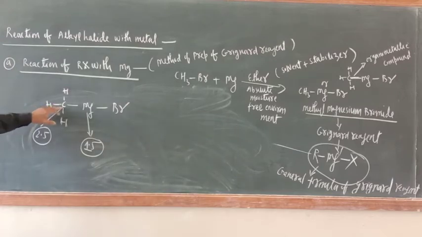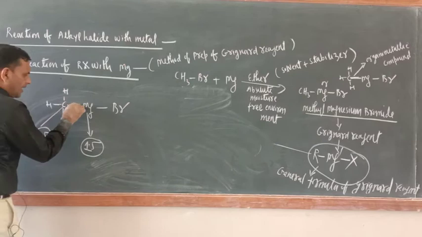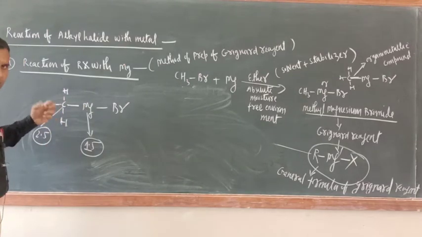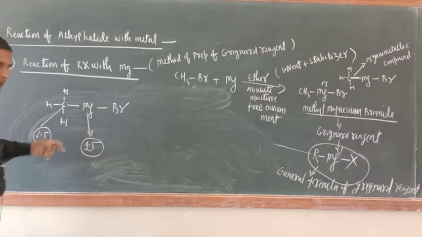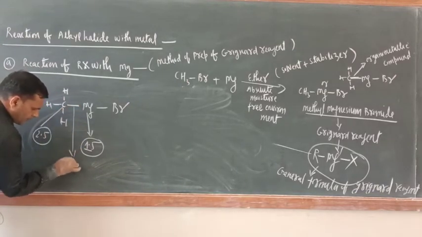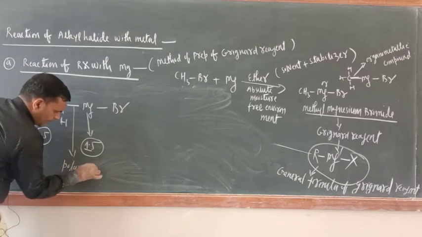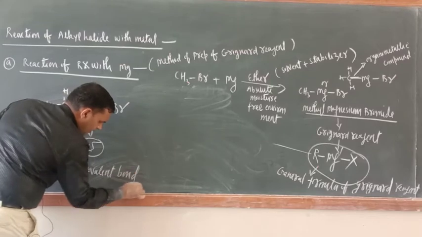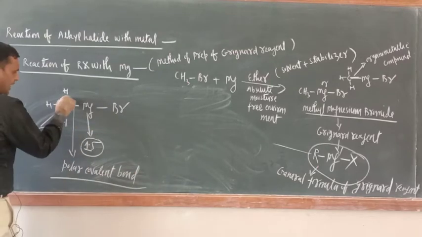So carbon is more electronegative than magnesium. Actually, between carbon and magnesium, there is a covalent bond. But due to the difference in electronegativity, this is a polar covalent bond. This is slightly negative.